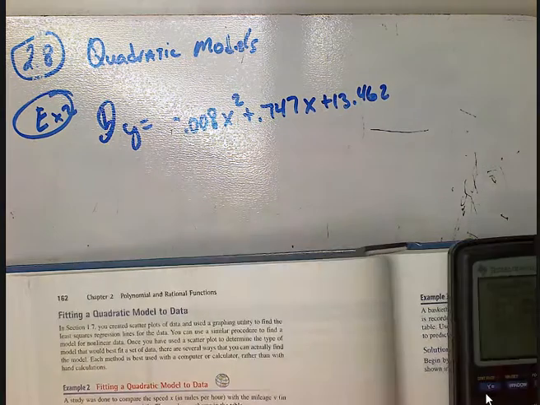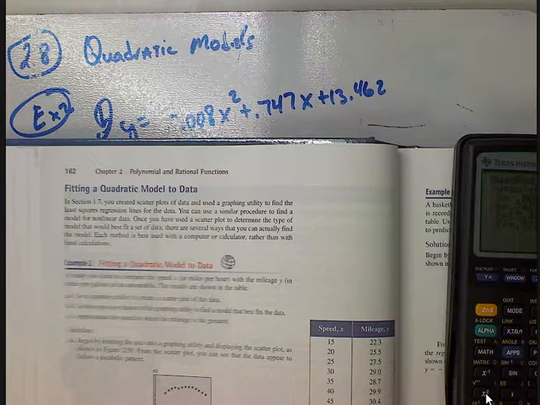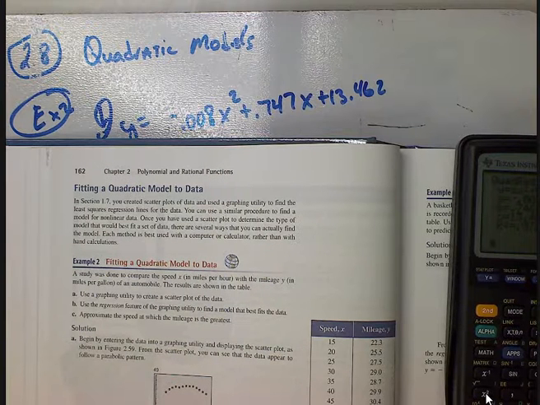In part C, it says approximate the speed at which the mileage is the greatest. And so what I do is I look for the high point.